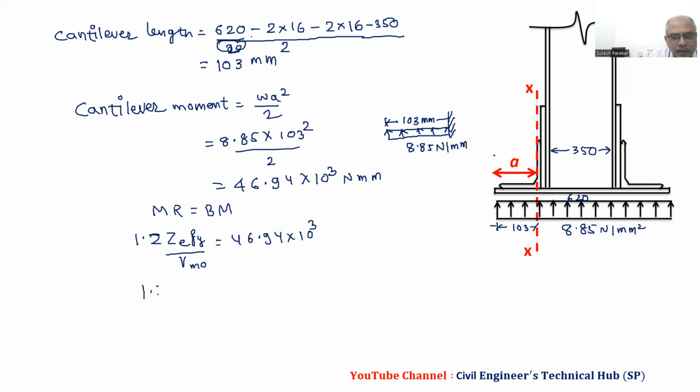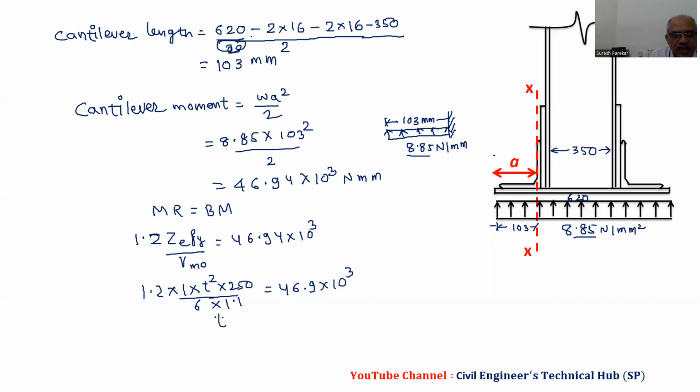And ZE, we have taken width 1 into T square upon 6, into gamma MO 1.1, into 250, equal to 46.9 into 10 raised to 3.